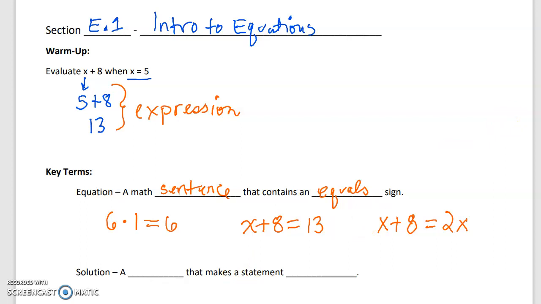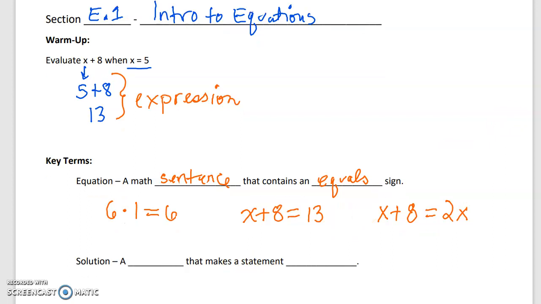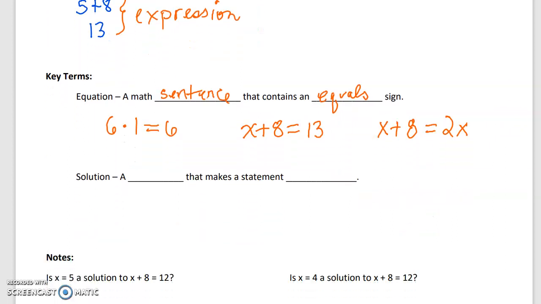So when we have an equation with a variable in it, like the second two examples I gave you, then we are looking for the value of our variable, which is called a solution. So a solution is a value that makes the statement true.